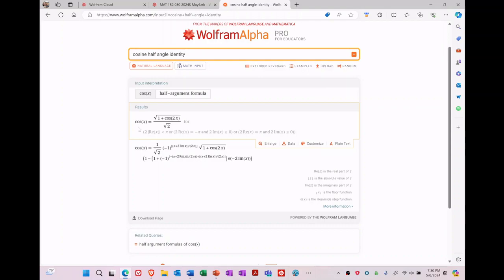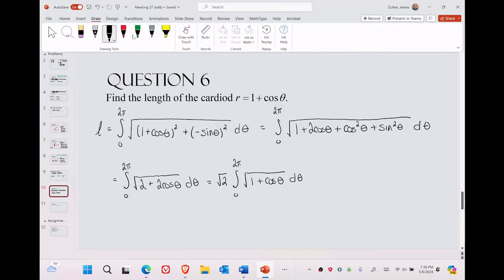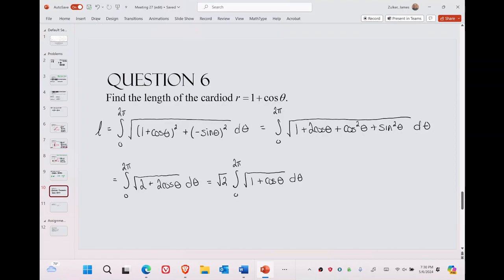I'm going to do this by hand. Technically plus or minus, depending on the angle, depending on where we're located.